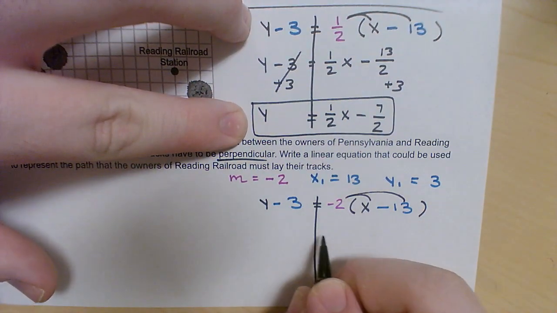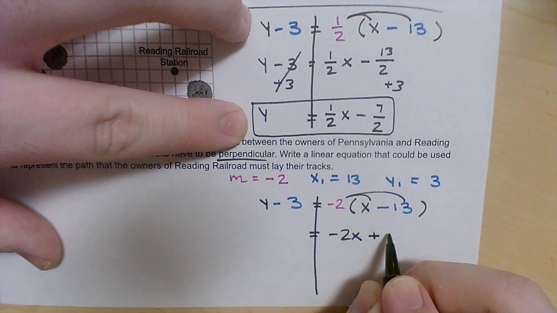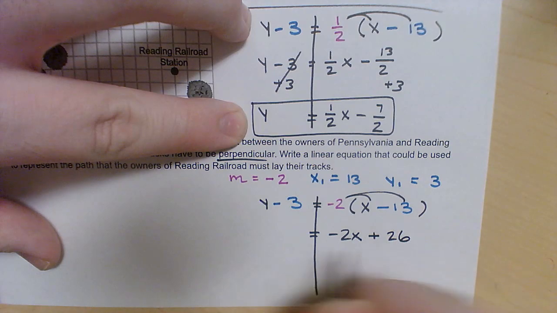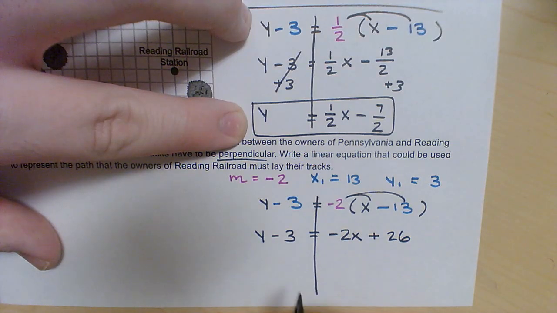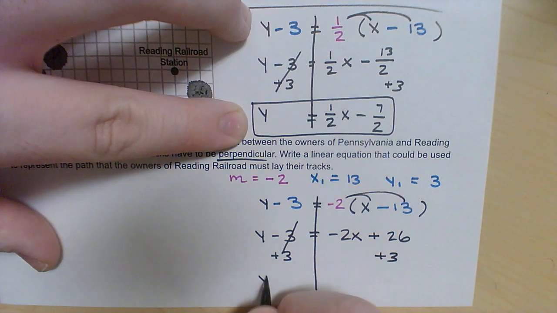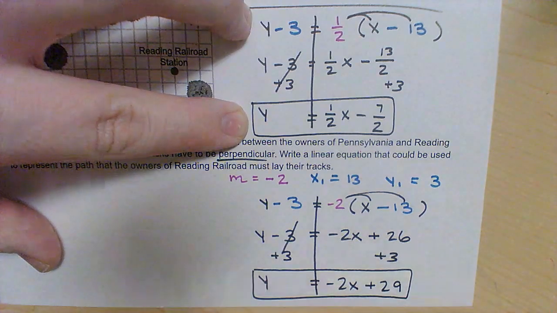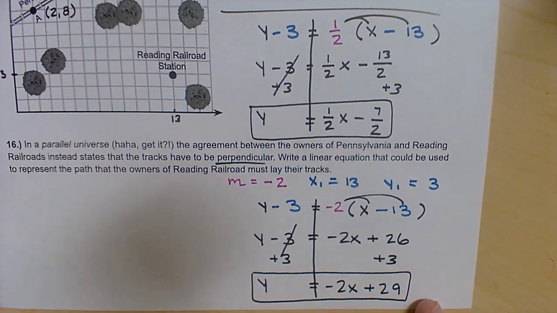So distribute negative 2 to get negative 2x plus 26. And then add 3 to both sides. So the perpendicular path would be y equals negative 2x plus 29.